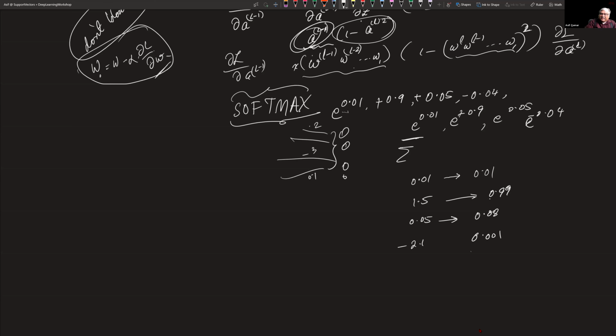So now you look at this. This is 1% probability, approximately. This is, I don't know, a 99% probability. So suppose this is a horse, this is a cow, this is a duck, and this is an elephant.